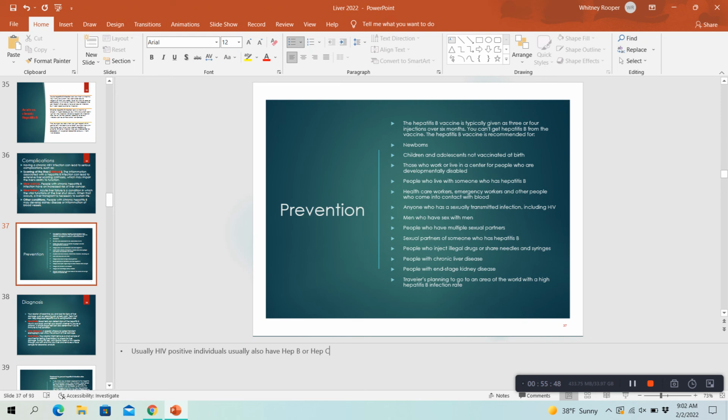Illicit drug use, sharing of needles. We have a lot of that in Charleston, with the needle exchange program and the homeless population. People with chronic liver disease and end-stage kidney disease. People who travel outside the country.